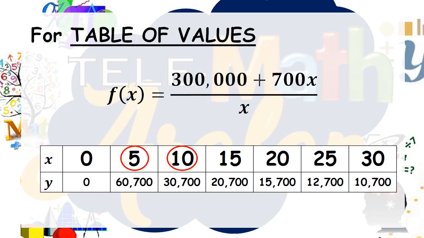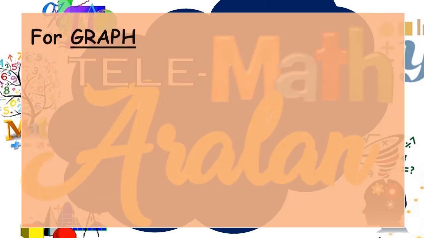10,700. From the table, we can observe that the average cost of stay decreases as the time increases. We can use a graph to determine if the points of this function follow a curve or a line. For the graph, you will graph the following points in the Cartesian plane.